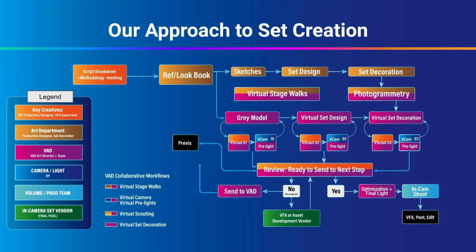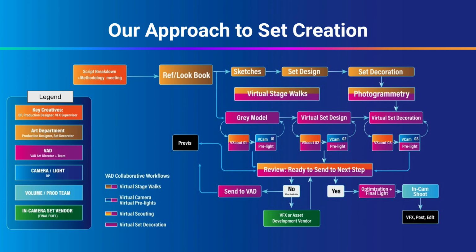So without having them there and without this stage, you're going to keep building, because obviously if I'm an environment artist, I want to do the best work I can. But this is about doing the least you have to get to where you need to get. So after every stage in the gray model, we do virtual scouts and virtual cameras and prelights, and we send it to review.